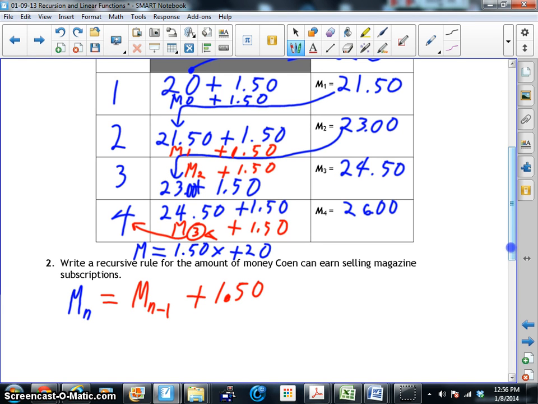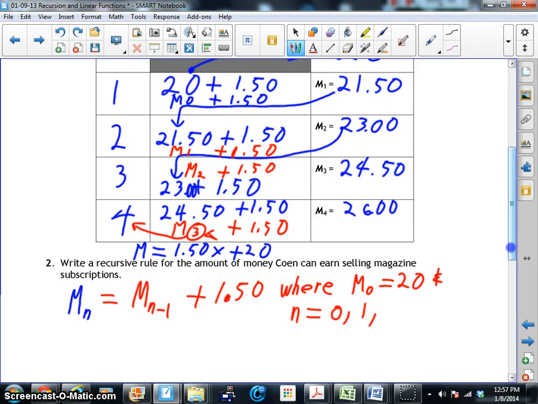Now, for these recursive rules to actually apply, we need to put some more information. Where m sub 0 is equal to 20, and we need to know where n starts.